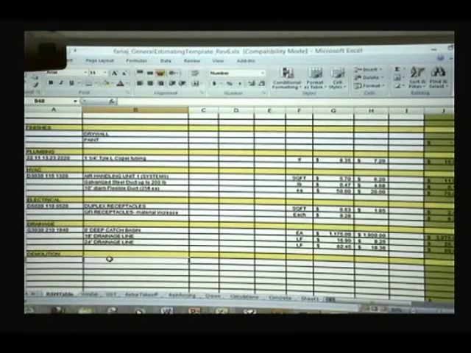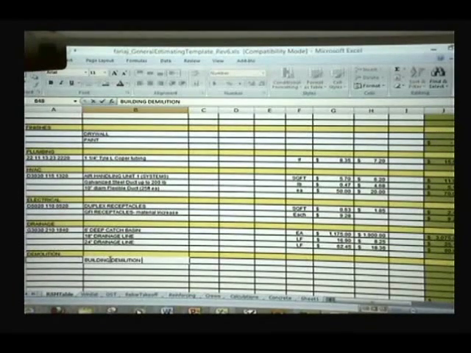So I will use building demolition. What do you think? Would that be a concrete structure, masonry structure? Masonry, right? Small building? Yeah. Masonry, small building, okay?